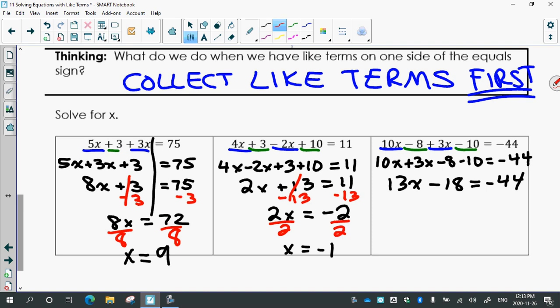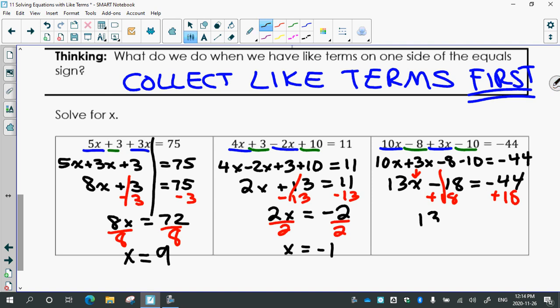So here's the side with x. We use reverse BEDMAS. Is there any adding or subtracting on the side with x? Yes, there's a subtract 18, so we're going to add 18 to both sides. Okay? Add 18 to both sides.